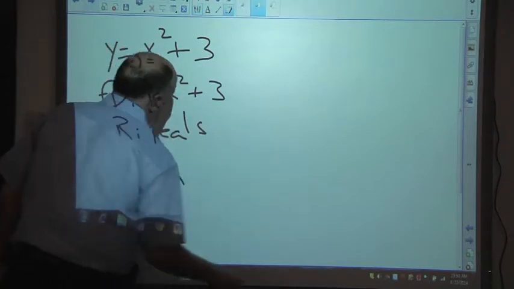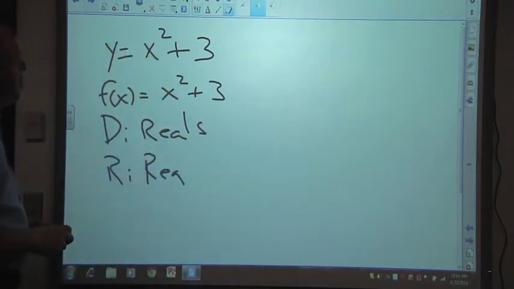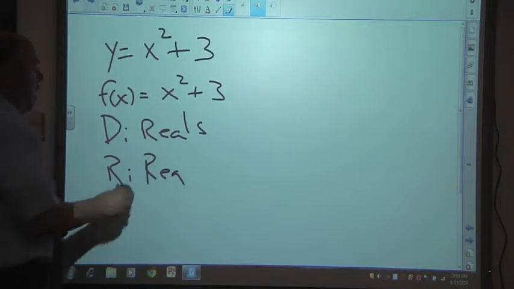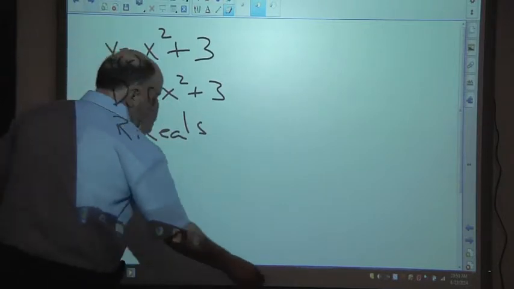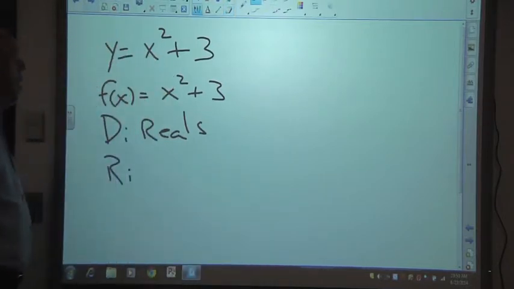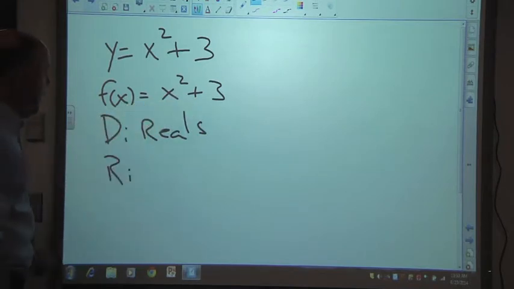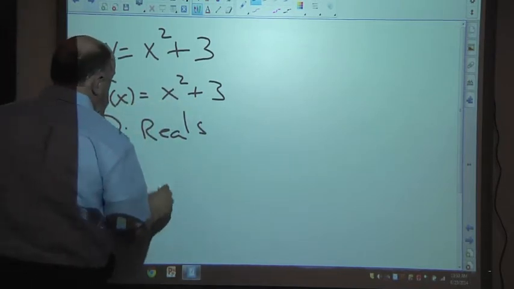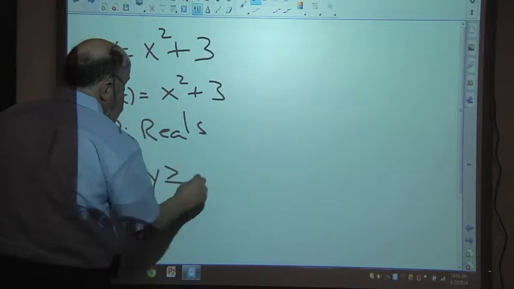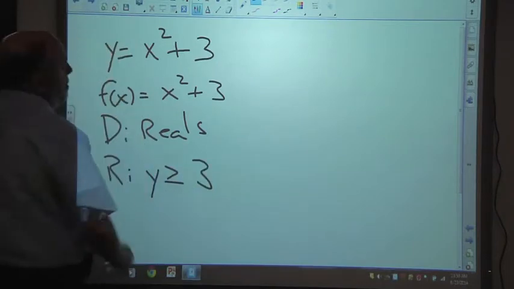Or is it? Okay, is it going to be all reals in this case? Well, if I have a number and I square it, it will be a positive number. And so I will get only positive answers, okay? And the smallest value that this thing can take on will be that y has to be greater than or equal to 3.